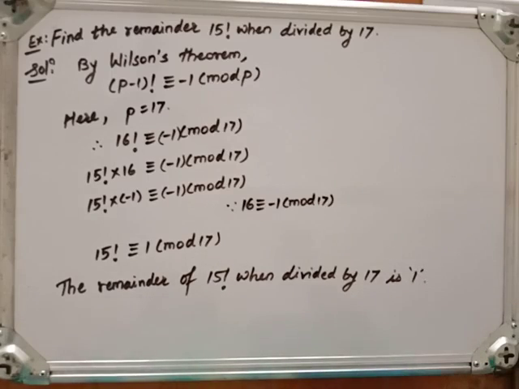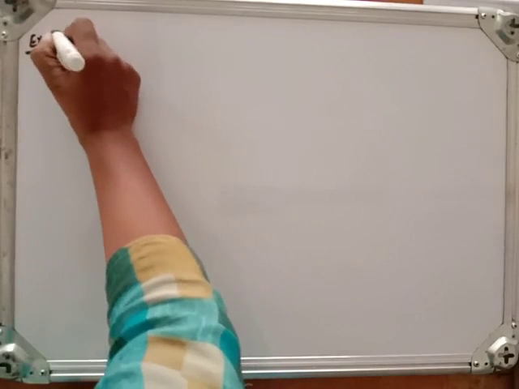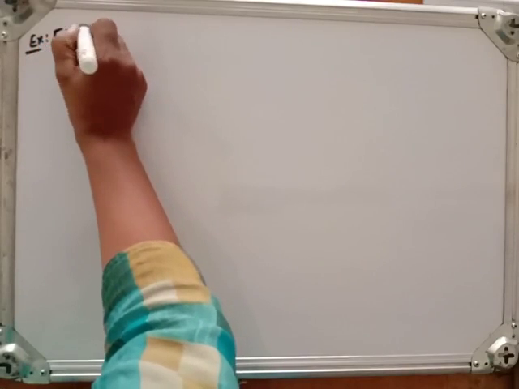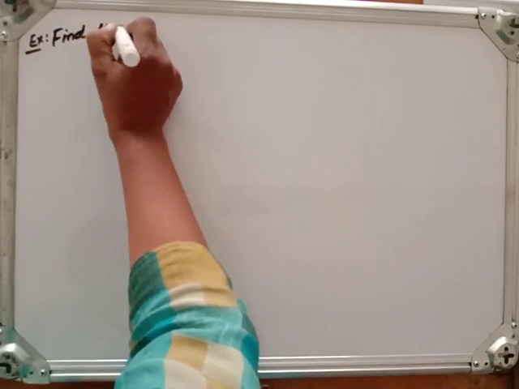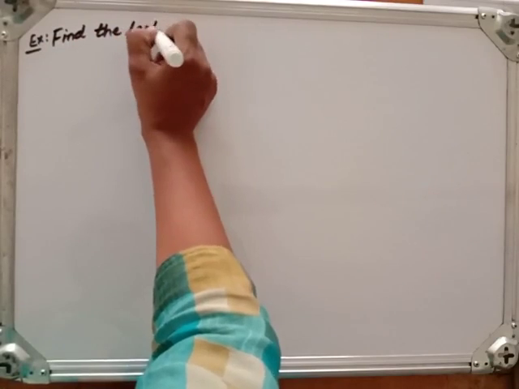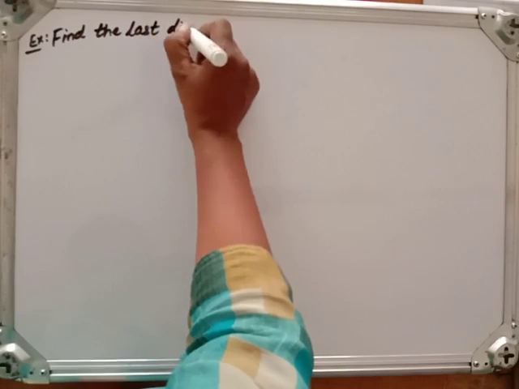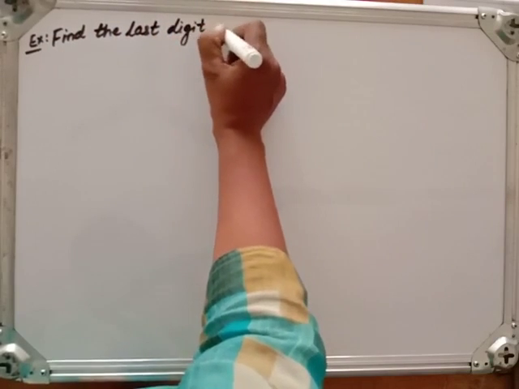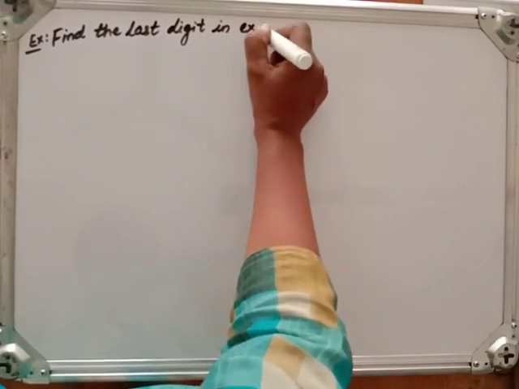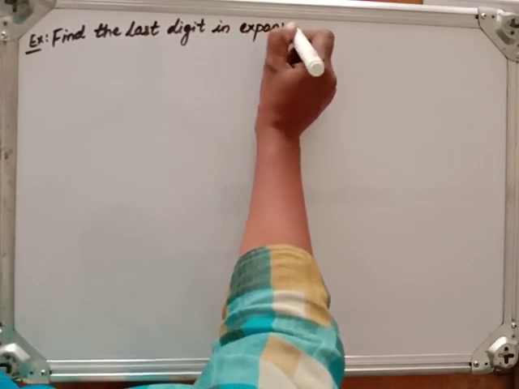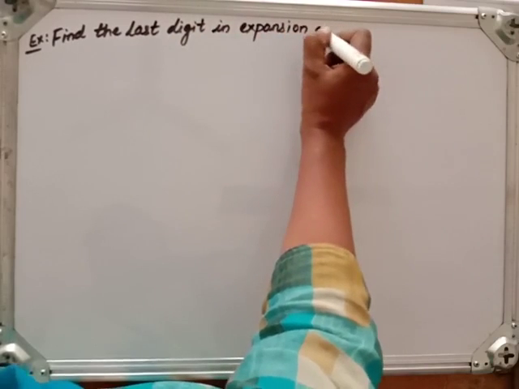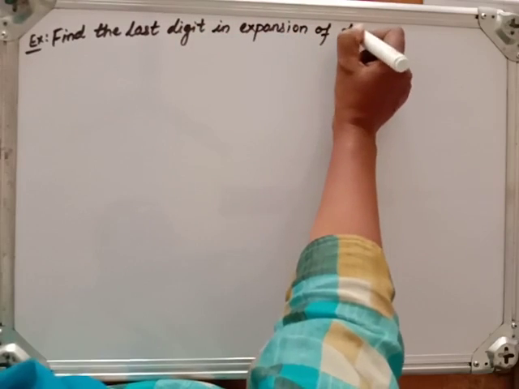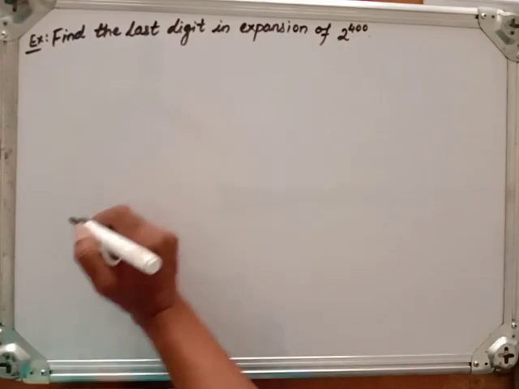Now the next example is to find the last digit in the expansion of 2 raised to 400.